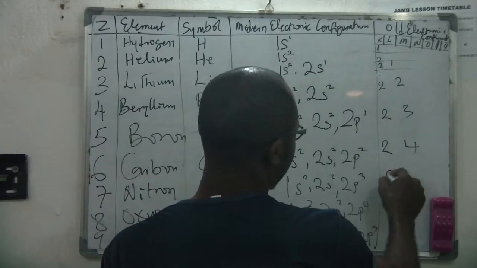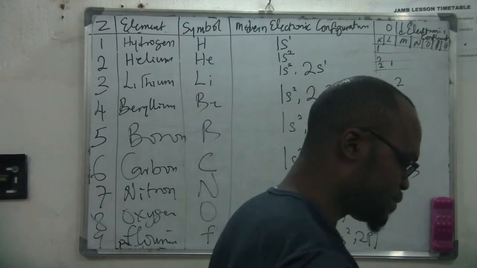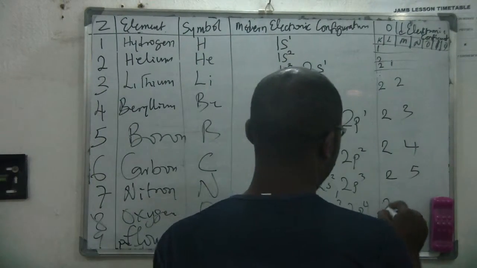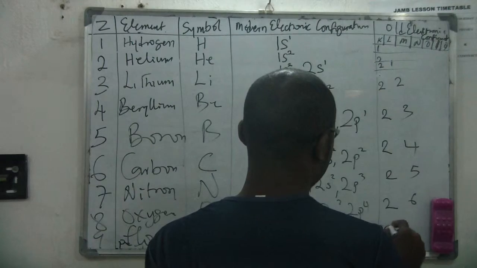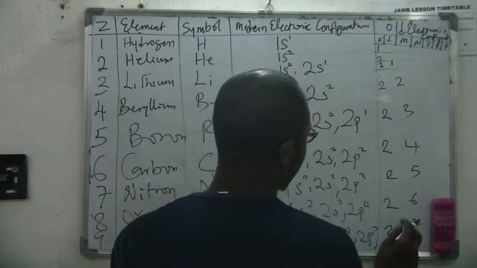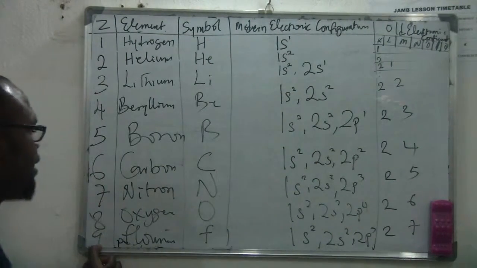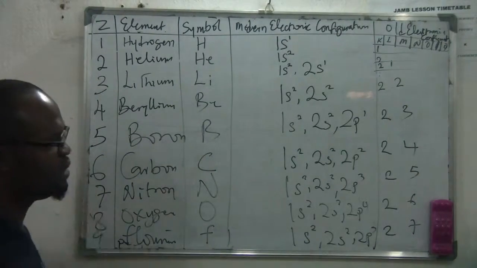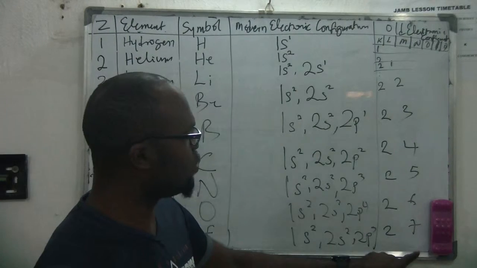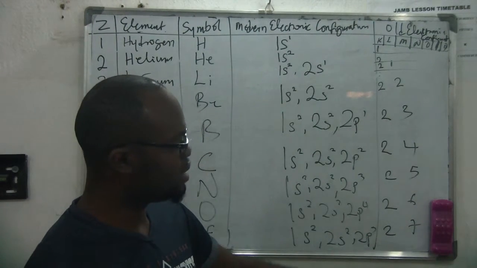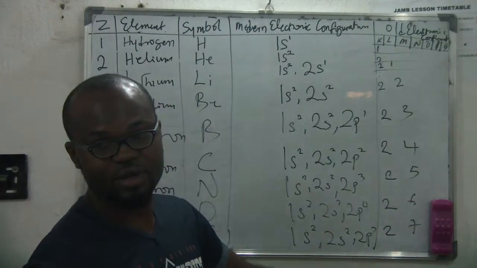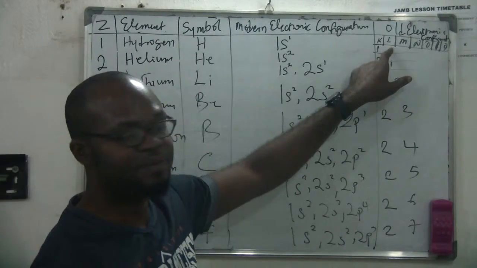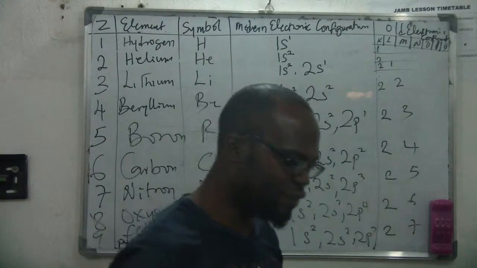For this one, 2 and 5. For this one, 2 and 6. For this one, 2 and 7. Because 2 plus 7 is 9. 2 plus 6, 8. Once it gets to 8, it cannot be 9 again, your maximum is what? 8. And it will start overflowing to the next one.